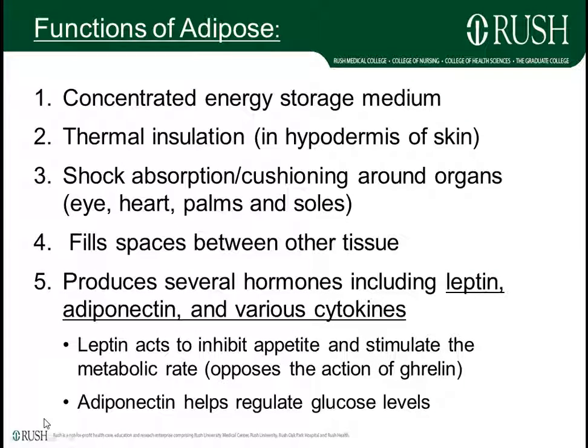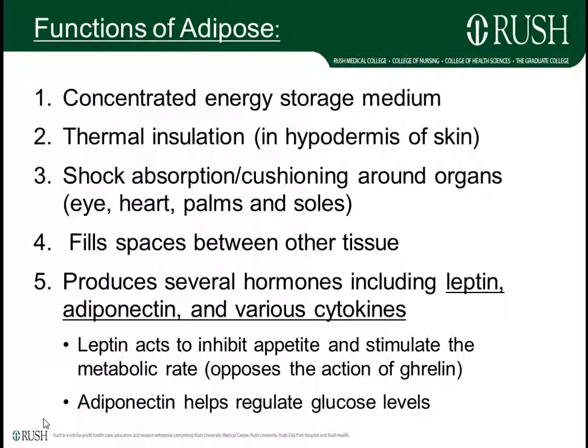So adipose cells have a lot of different functions other than as the concentrated energy storage medium. They also act as thermal insulation, for instance in the hypodermis of the skin, which is a layer of fat cells directly underneath the epidermis and dermis. They also act as shock absorption and cushioning, where they are situated around organs such as the eye and the heart, and in the palms and soles.